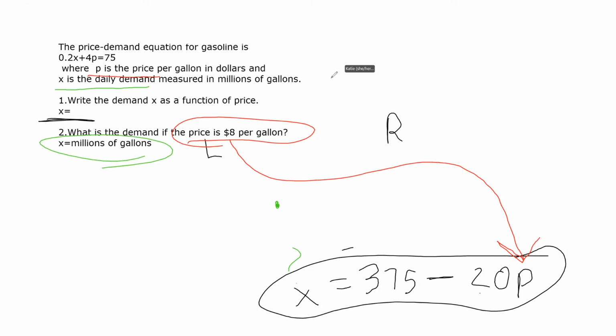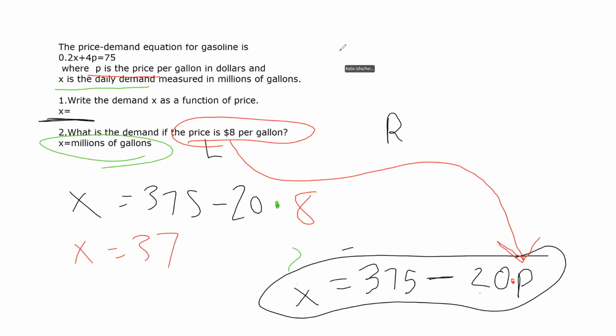So let's put in 8 for P. X equals 375 minus 20 times 8. Remember, any time there's a letter and a number squished together, you have multiplication. Write out all of your steps because then you know if you mess up. 20 times 8 is 160. Can I get a calculator check? I'm pretty sure it's right.